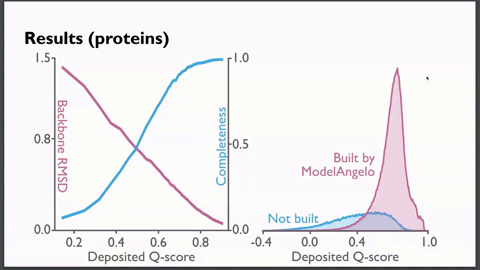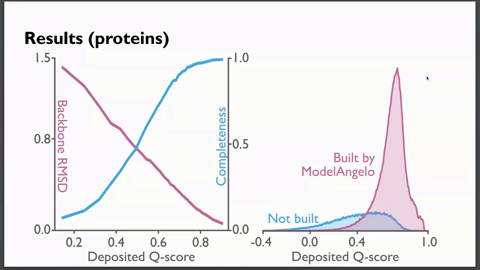For structures released after this, we looked at structures that had resolutions better than 4 angstrom in the EMDB that also had a related PDB entry. Then we applied a very stringent sequence similarity cutoff to what we had in training: anything above 10%, we didn't include in our test set. That gives us a test set of around 170 entries.